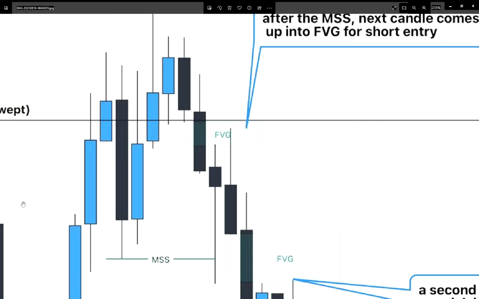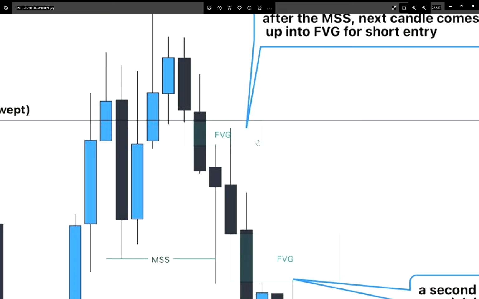In computer science they start at 0, but let's just start at 1 to make this simple for people who want to understand. So we have 1, 2, 3 candles here. It's between the low of candle 1 and the high of candle 3. That's the gap right there.